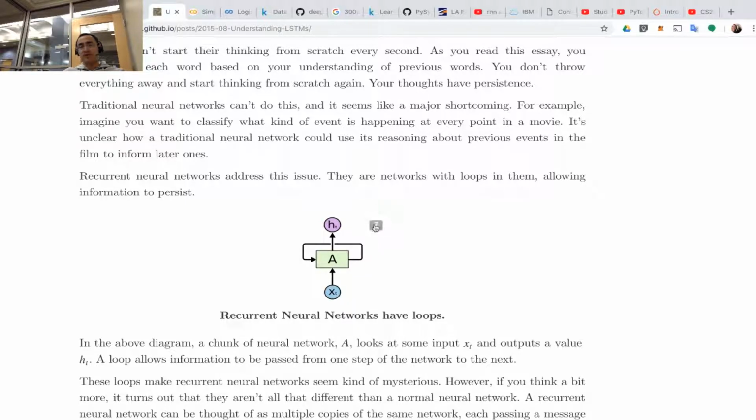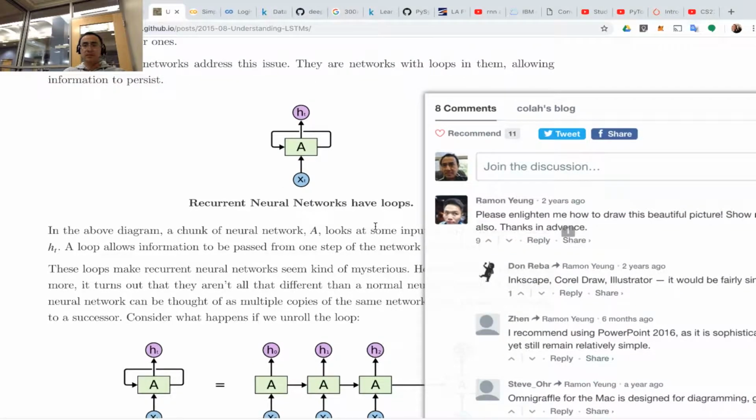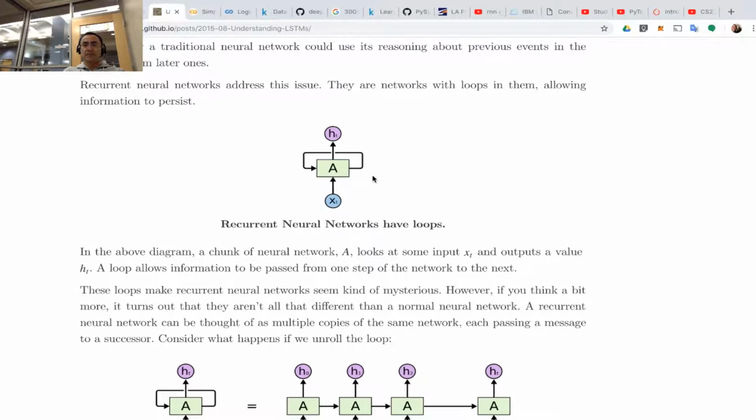Let's say t equals 1. It goes to this box called A, which does a mathematical transformation, like a black box, or not a black box. It's just a mathematical function, and then it spits out an output at time t.